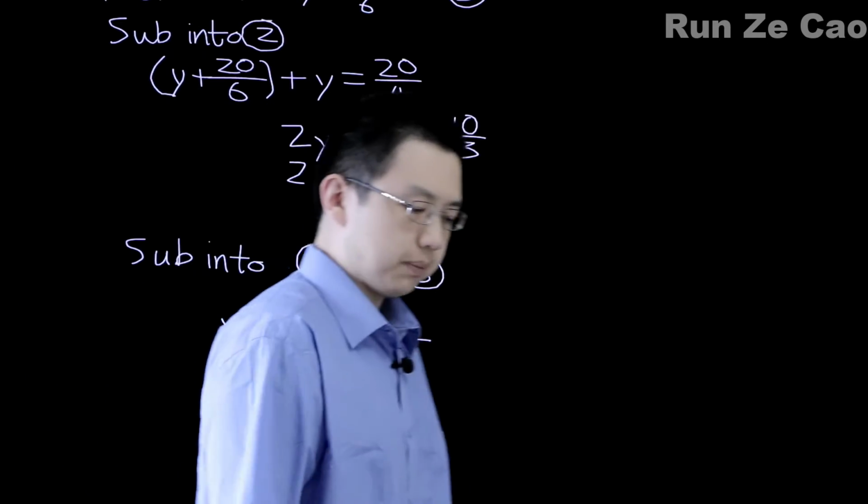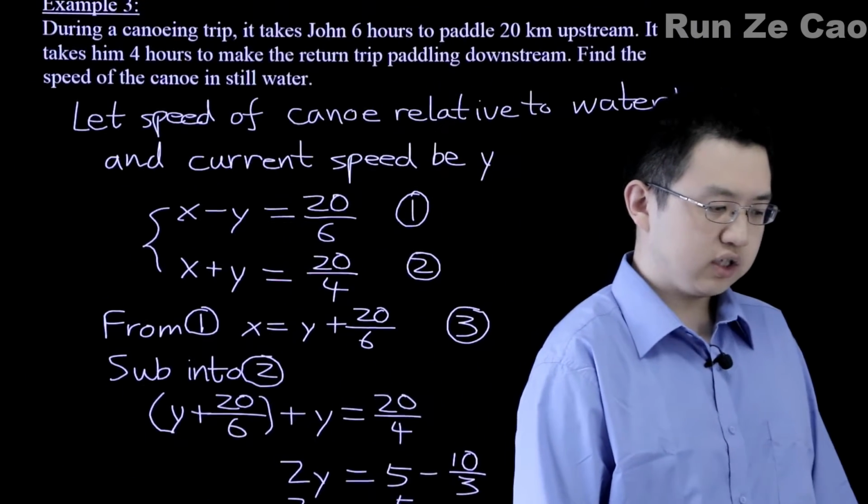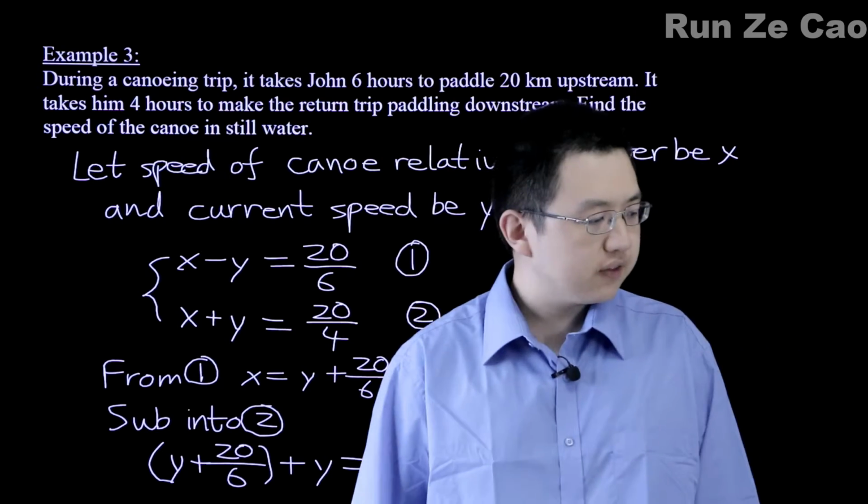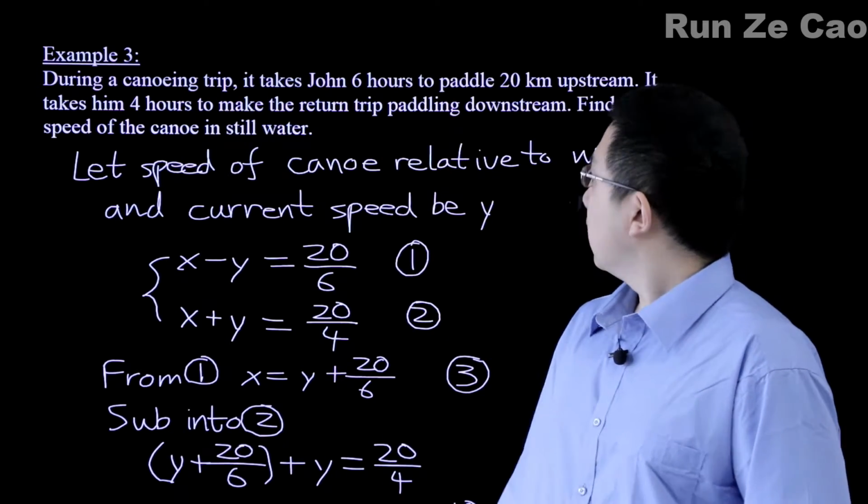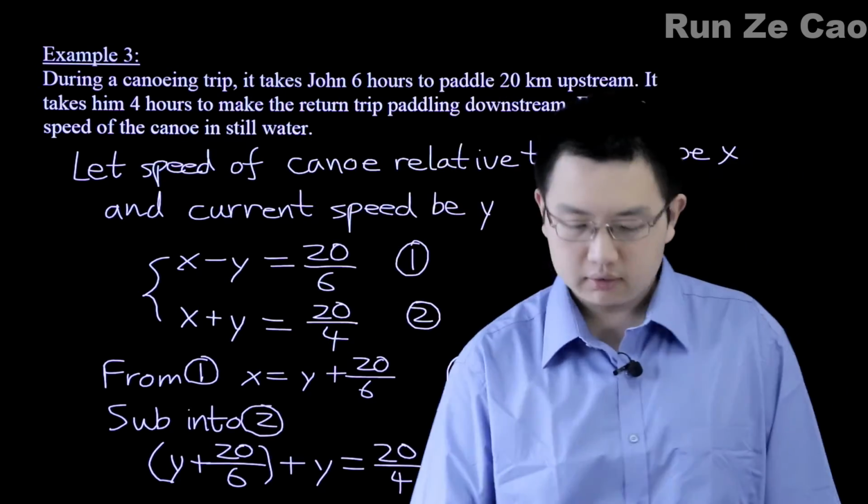Now, what are the units? Because what are we looking for? We're not looking for just a number. We want the speed of the canoe in still water, and it's kilometers per hour.